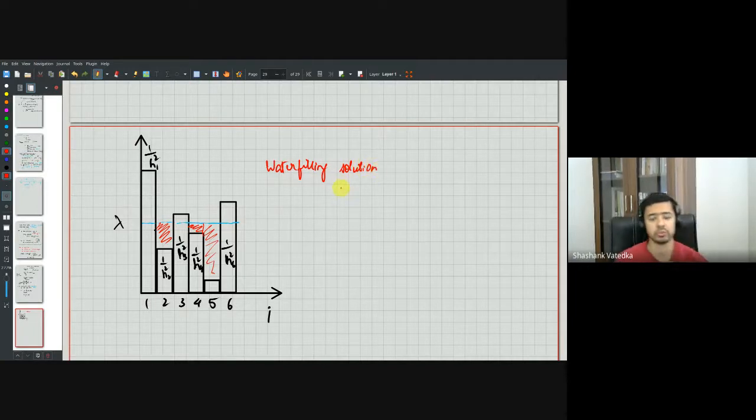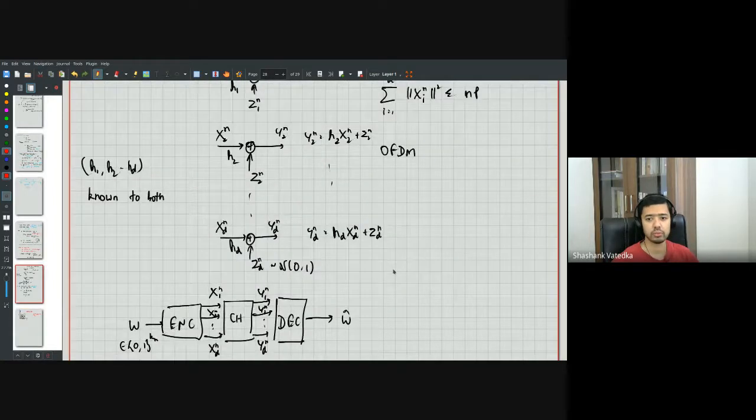or the water filling argument, and this arises in any such optimization problem where you want to maximize the summation of some quantity like half log 1 plus alpha_i P_i, where you want the P_i's to satisfy a total power constraint, less than or equal to P. All right, so you can take a look at the Cover-Thomas textbook.